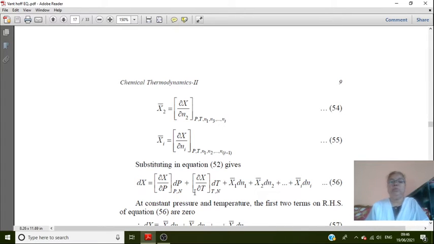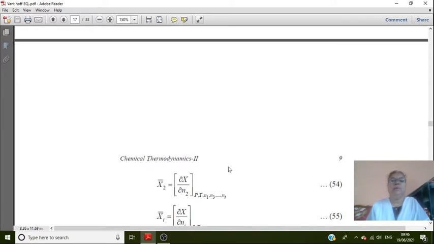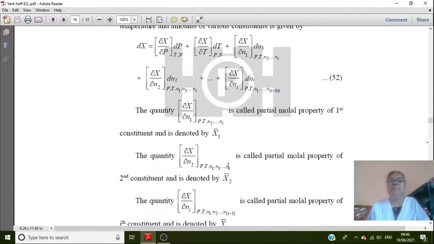Then substituting these values in equation number 52, here we can substitute the value of ∂X/∂n1 as X1 bar, the second constituent's partial molar property as X2 bar, and the ith constituent's partial molar property as Xi bar.